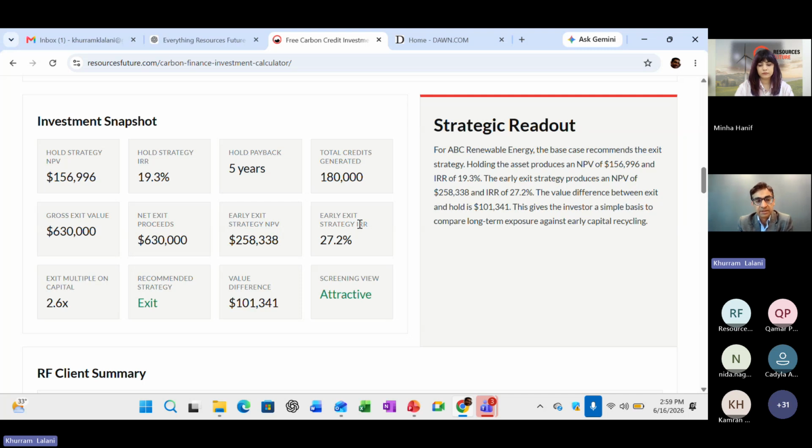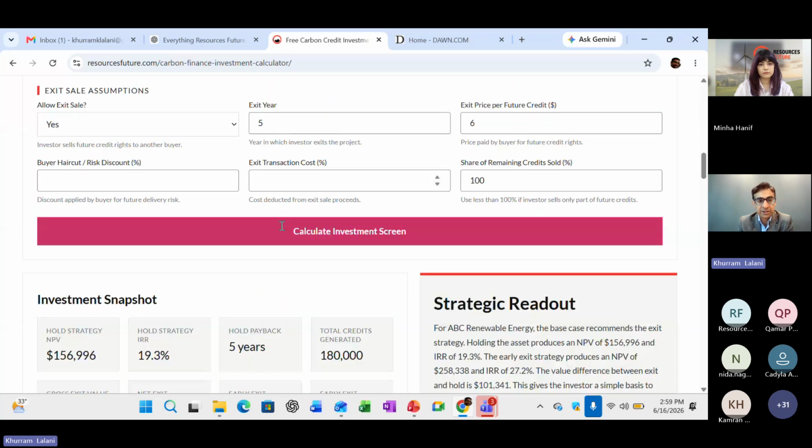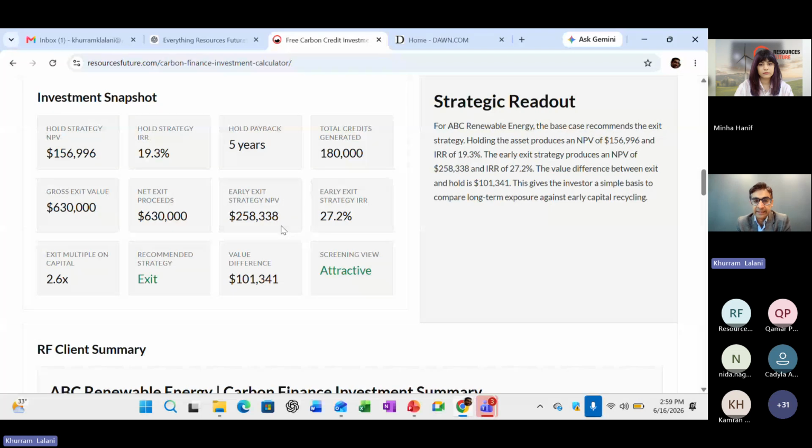Either way, the overall IRR and NPV is attractive, and hence the screening view says that it is attractive. The recommended strategy under both the assumptions that we have done is to go for an early exit, because the early exit strategy's IRR is 27.2%. If I hold it, the whole strategy IRR is 19.3%.